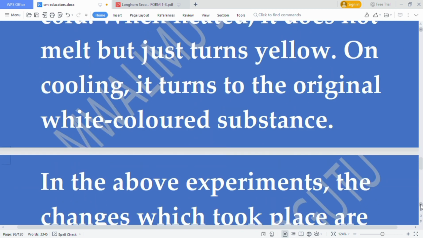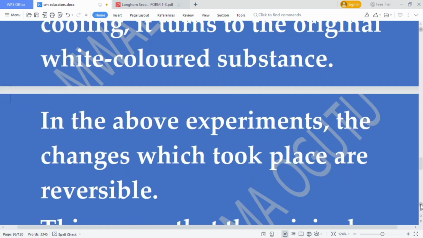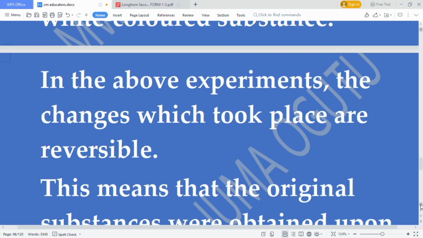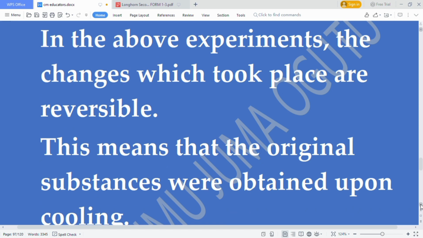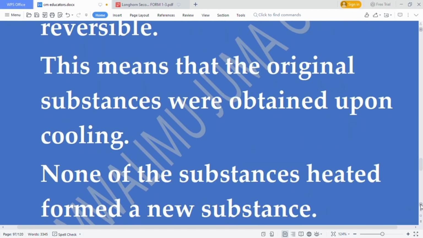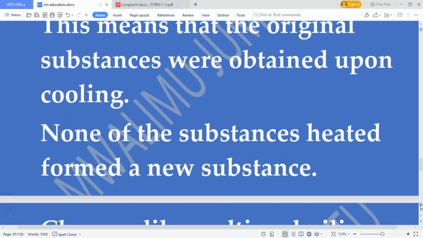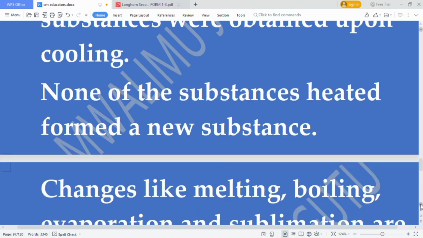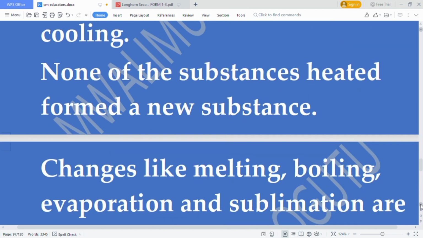So in the above experiments, the changes which took place are reversible. As you have seen, the changes can be reversed back to the original substance. This means that the original substance was obtained upon cooling. None of the substances heated formed a new substance. So changes like melting, boiling, evaporation, and sublimation are reversible.